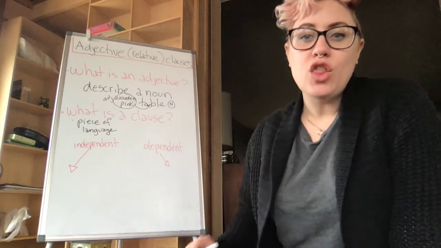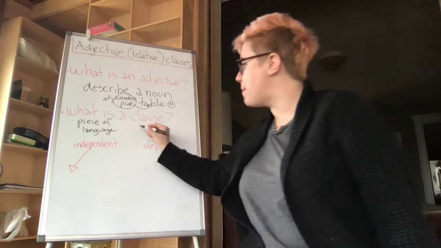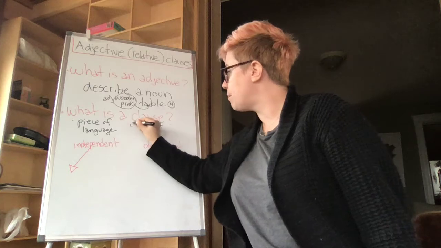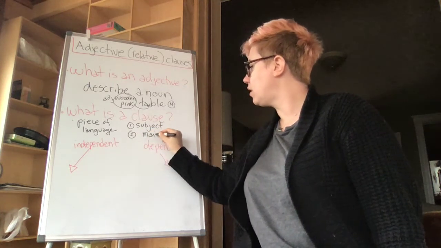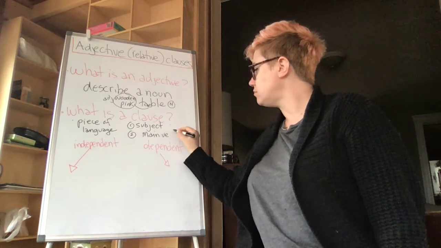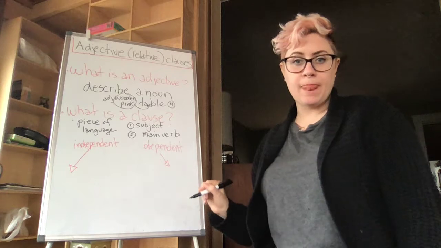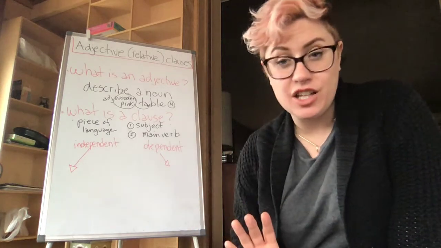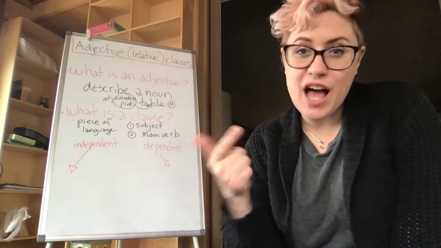The only rule for a clause is that it's a piece of language and it must contain a subject, number 1, and number 2, a main verb. Okay, a subject and a main verb. So it is any piece of the English language that contains a subject and a main verb.